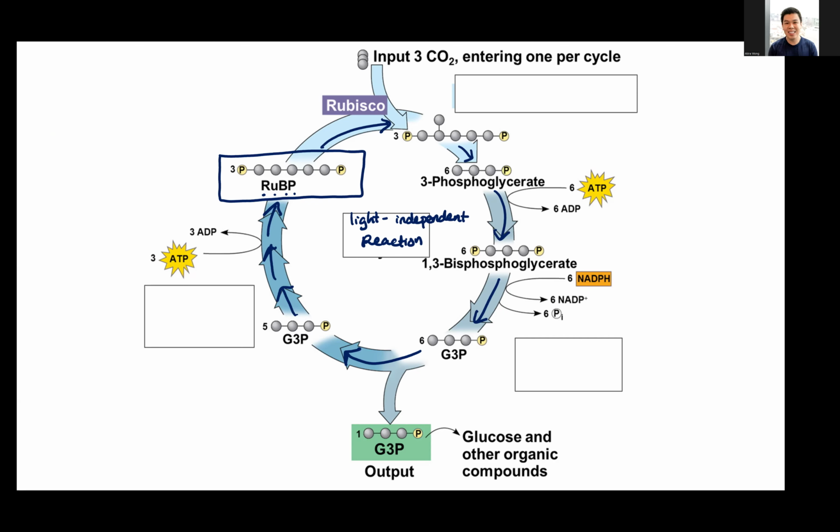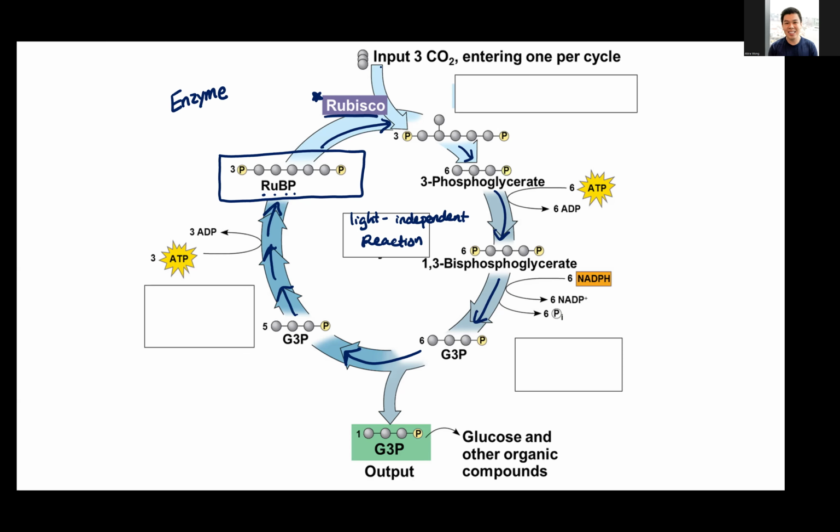Okay. It's short for RuBP, and we all know what it is. It is the reactant and product of the light-independent reaction. You need to know the name of the enzyme, and that enzyme is called RuBisCO. RuBisCO is an enzyme, and it initiates the first step of the Calvin cycle, or light-independent reaction.